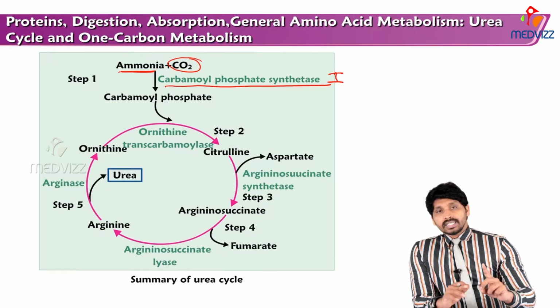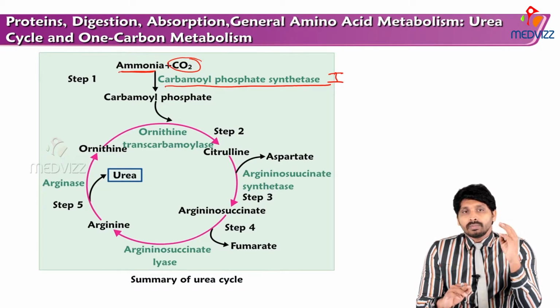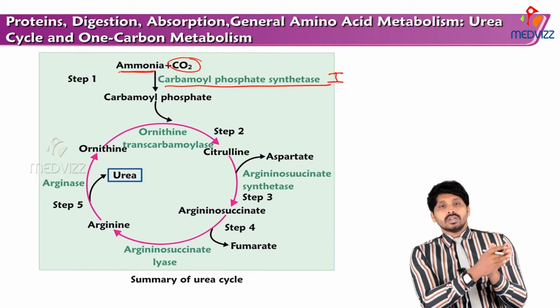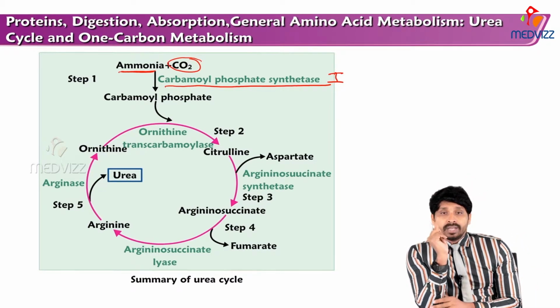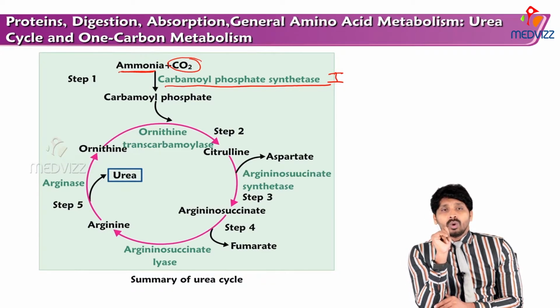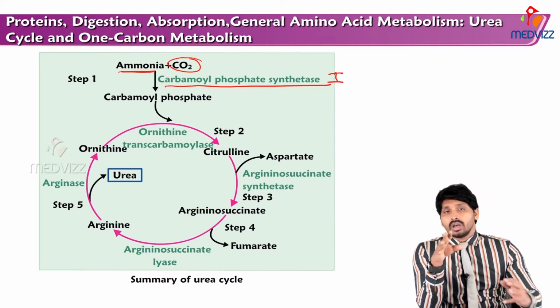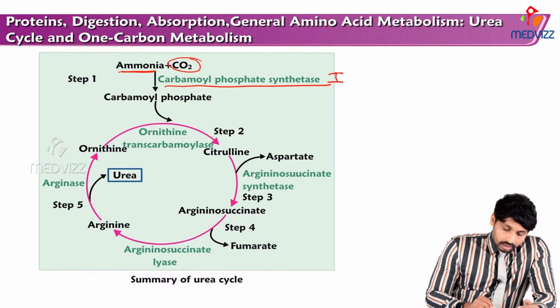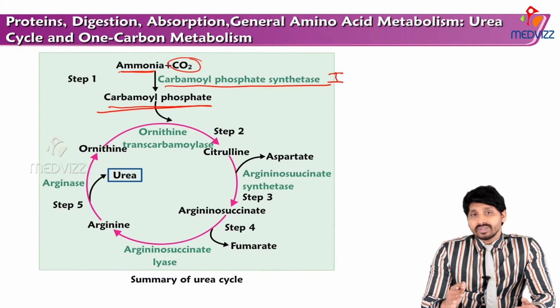So in the first step, ammonia and carbon dioxide combine to form carbamyl phosphate, and here ATP is involved. The phosphate group is donated, so ATP is converted to ADP. Ammonia and carbon dioxide form carbamyl phosphate by the enzyme carbamyl phosphate synthetase.